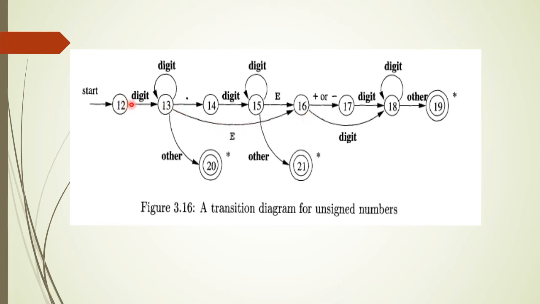A fractional number followed by an exponent part will be satisfied with this. So 10.10 into 10 to the power of say 10: here you use the digits 1, 0, the fractional part dot, then 1, 0, and then the exponent part. The exponent part can be a positive number or a negative number, that's why it is plus or minus, then any number of digits, then you end up with this state.